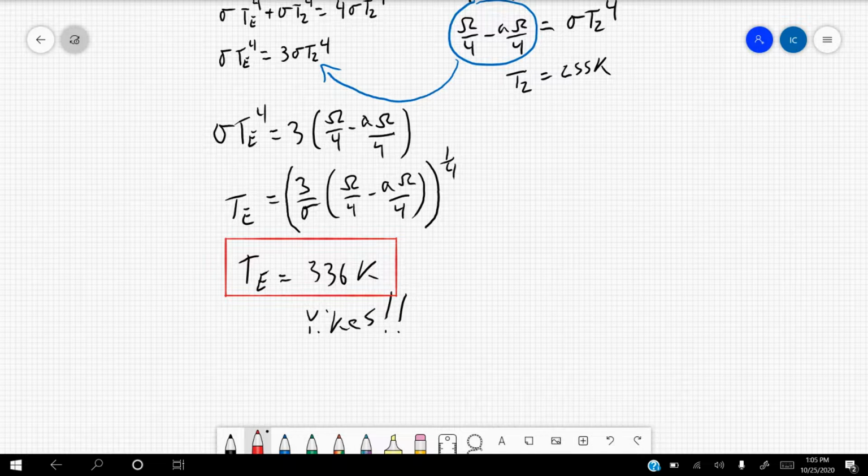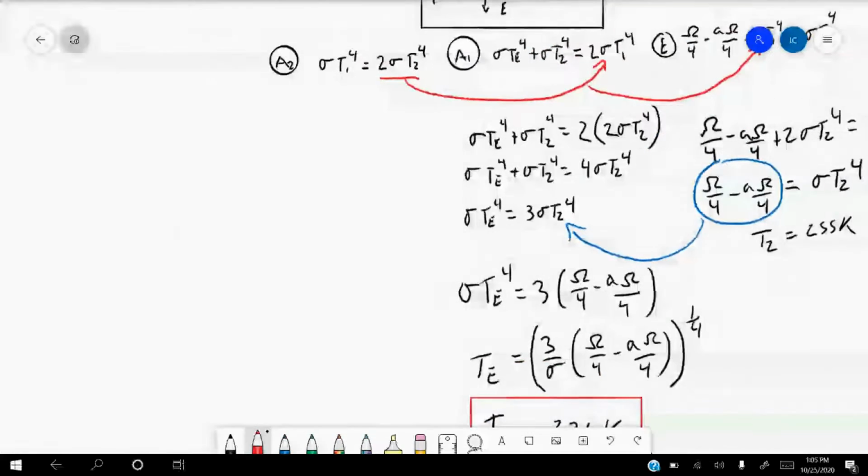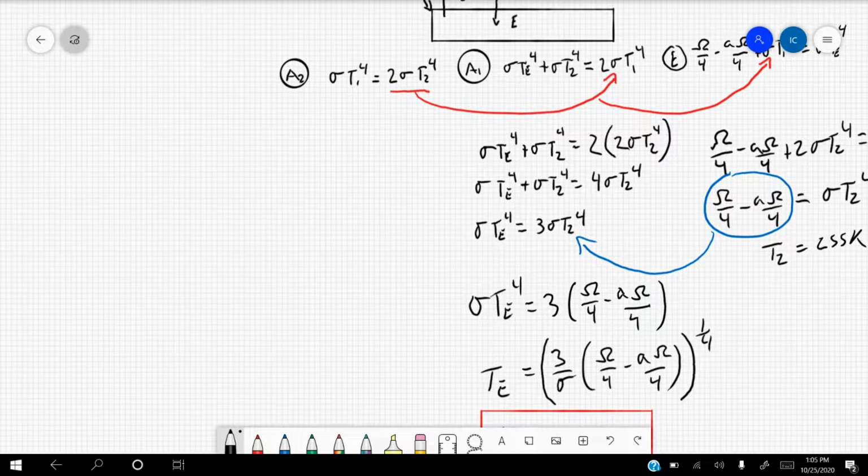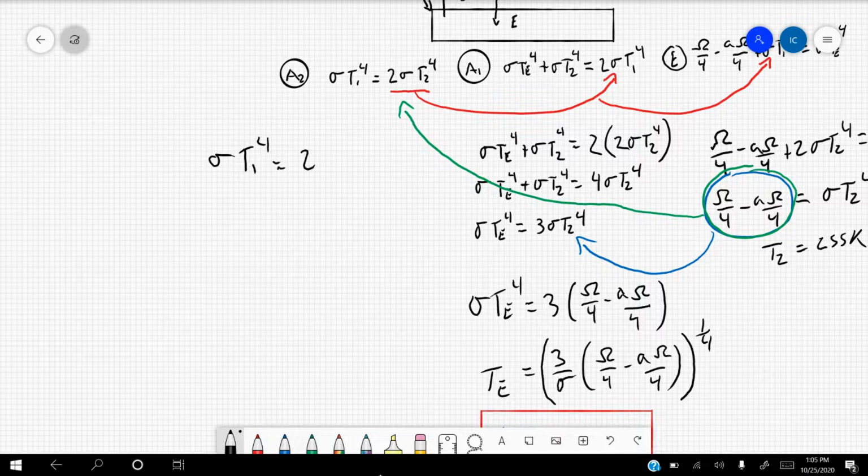So if we wanted to, we could also solve for the temperature of the lower layer of atmosphere by substituting omega over 4 minus a omega over 4 into our very first relationship for T1. If we do this, we will find a familiar number for the climate model, which is 303 degrees Kelvin.